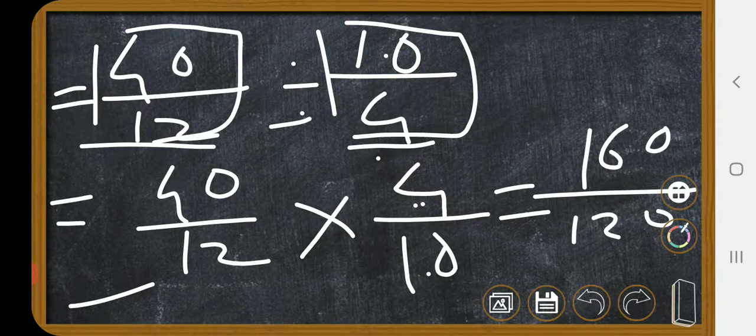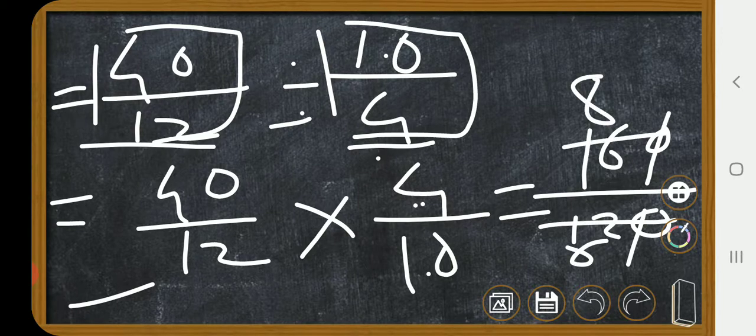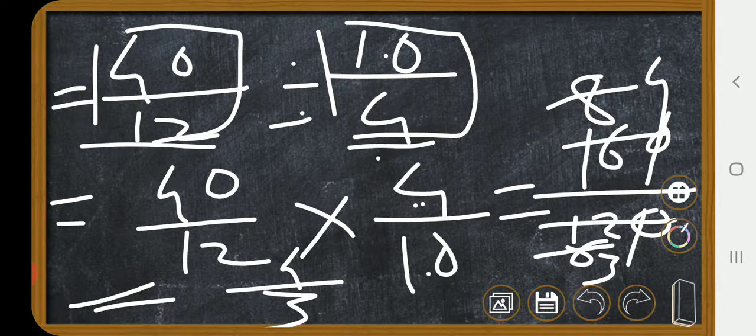Now do the division. 2 6 are 12, 2 8 are 16, 2 3 are 6, 2 4 are 8. So the final answer will be 4 by 3.